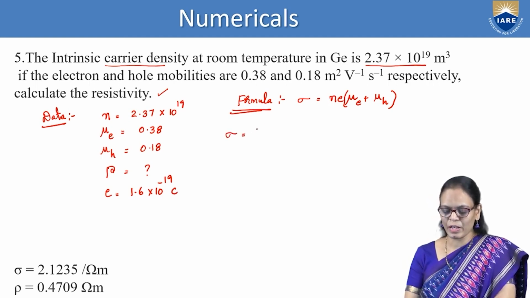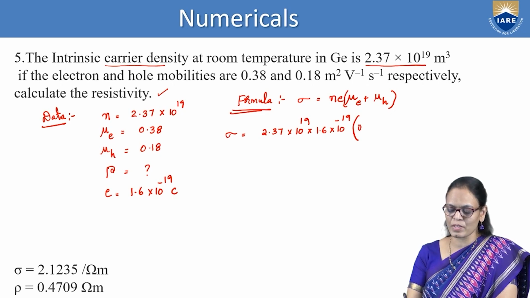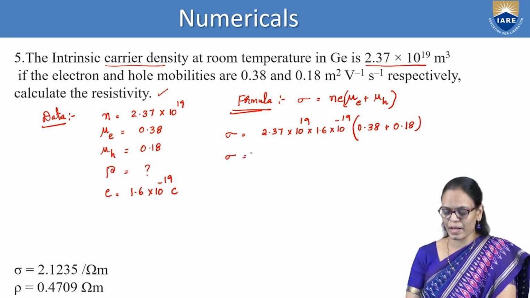So sigma will be equal to 2.37 into 10 power 19 into E, 1.6 into 10 power minus 19, and mu E plus mu H, 0.38 plus 0.18.